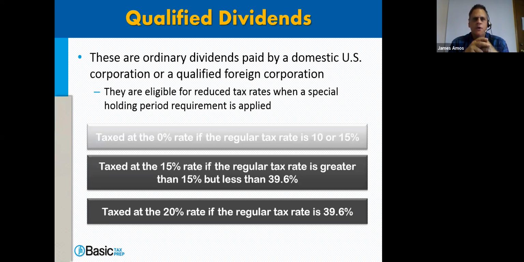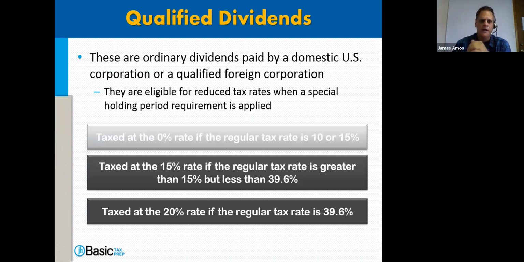It has to do with when stock is made available for purchase and you purchase it and hold it within that specific period of time. I'm not going to get into the definition. I honestly have forgotten if the slides get into it. It's kind of complicated, but for now, just know if you meet the holding period requirement, then you're potentially going to be taxed at a lower rate.